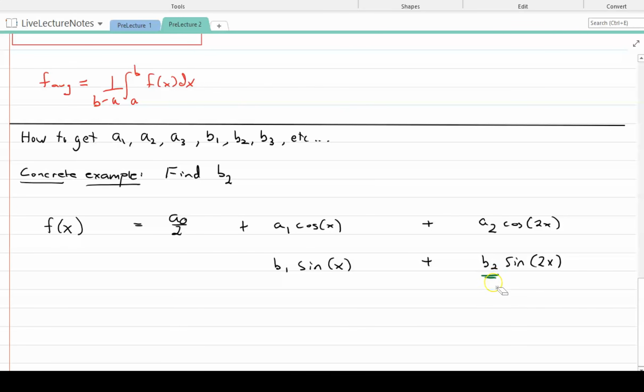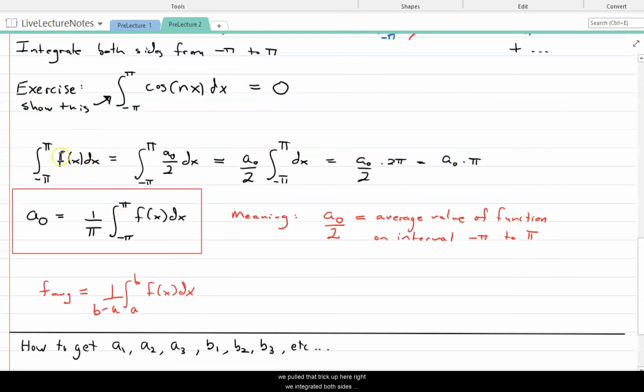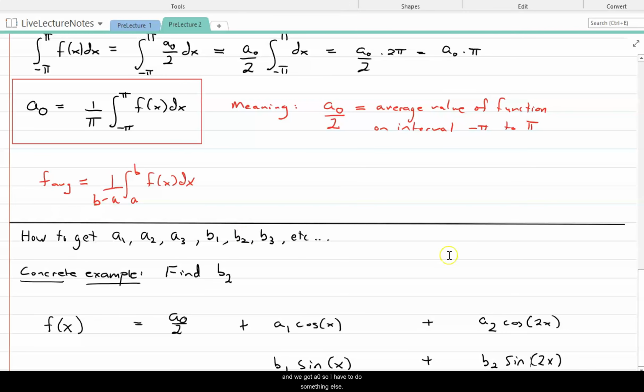If you're thinking that has to do with an integral, you're right, but you can't just integrate both sides, because we pulled that trick up here. We integrated both sides and we got a0. So I have to do something else.